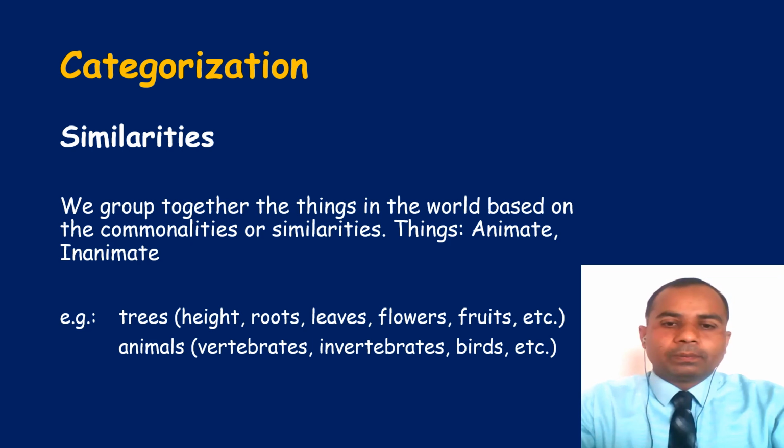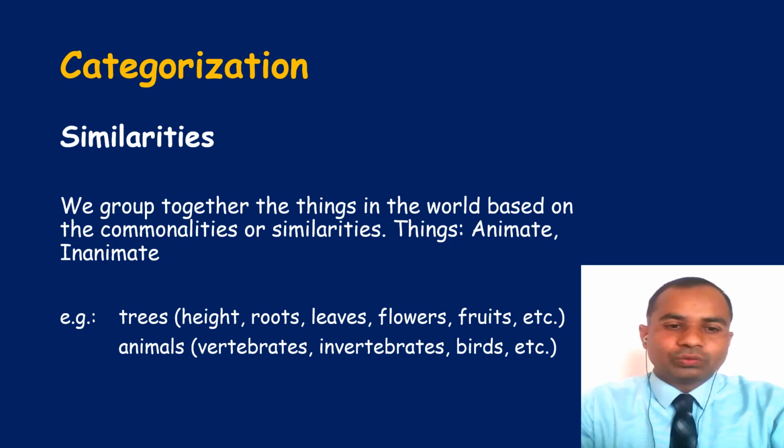For example, in this whole world we have some entities or things, and then we divide these things into two major parts, like animate things and inanimate things, or living things and non-living things, you may say. So animate is living and inanimate is non-living.